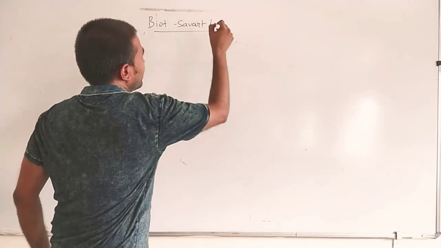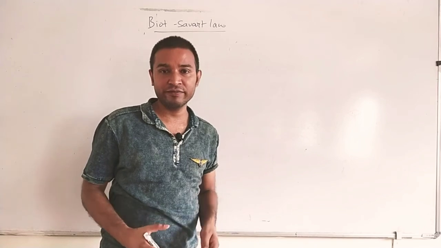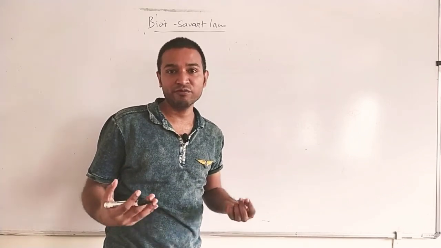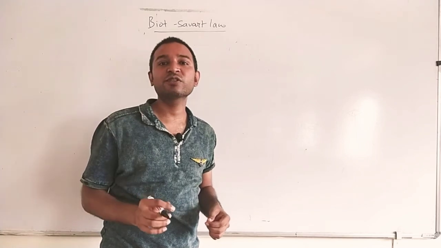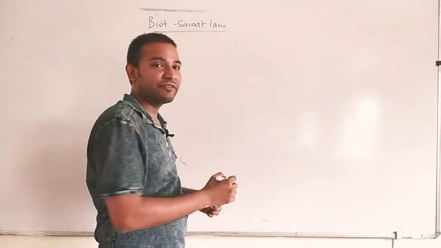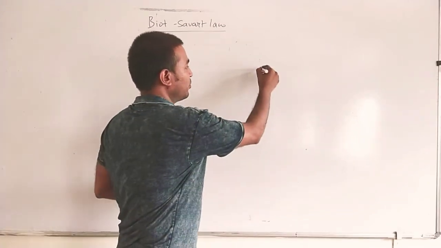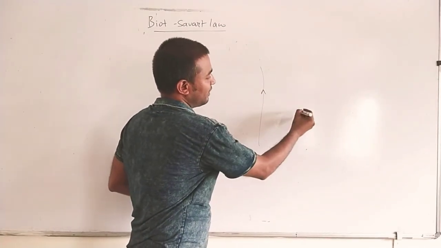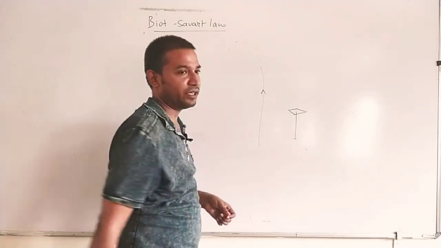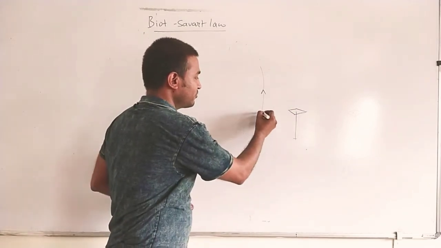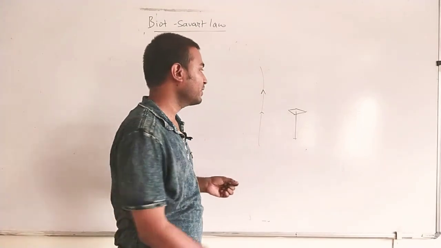Actually, Biot-Savart law gives an expression for the magnetic field due to a current carrying wire. We know very well that whenever current is flowing through a wire, a magnetic field is created in the neighborhood of the current carrying wire. Let us suppose this is a wire, and if I place a magnetic needle over here and switch on the current, what will happen?